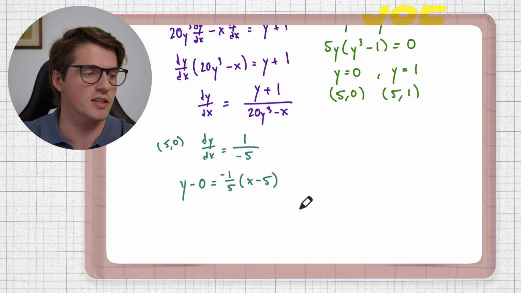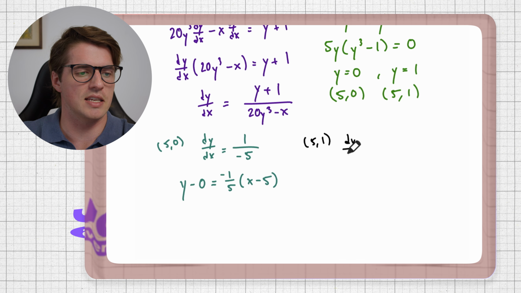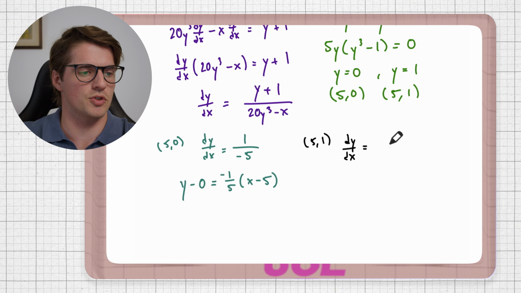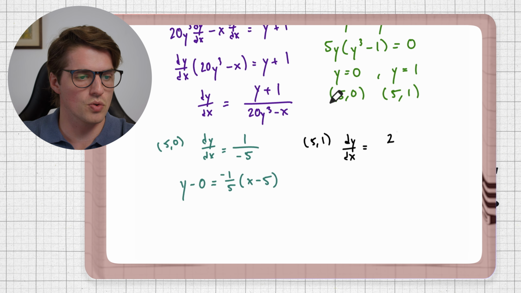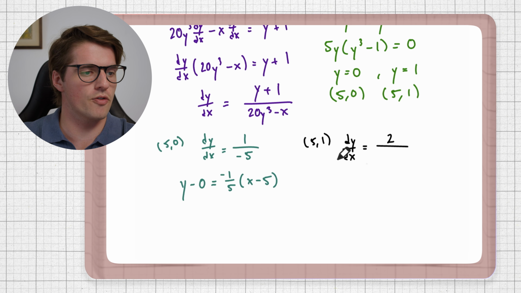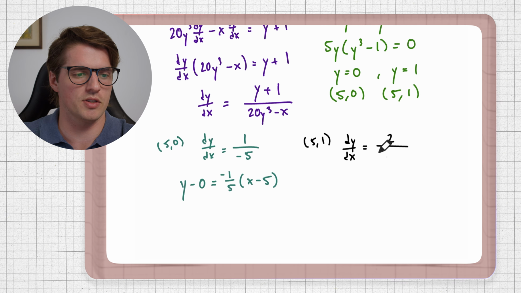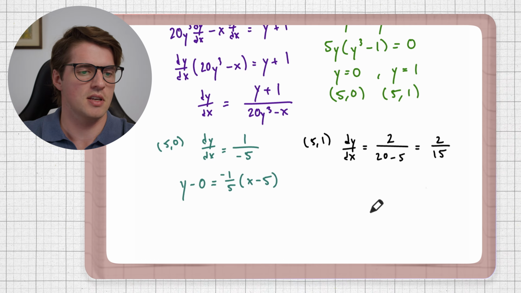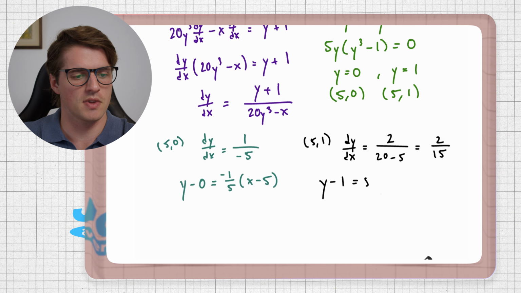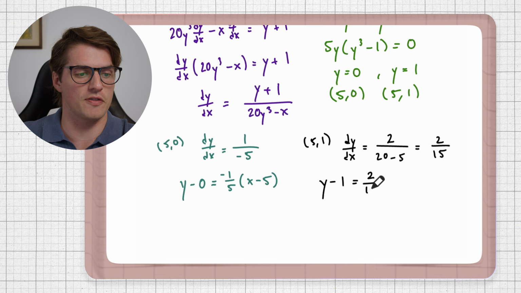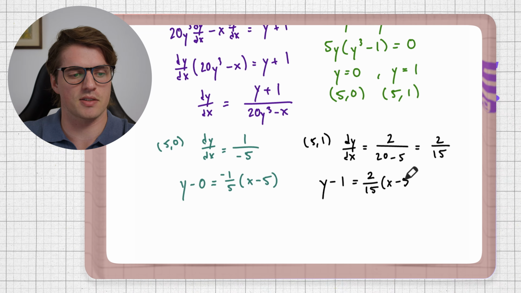So there's one of our lines. And the other one, at (5, 1), dy/dx is equal to 1 plus 1 over 20 times 1 cubed minus 5, so 2 over 15. So we have y minus 1 is equal to 2 over 15, x minus 5.